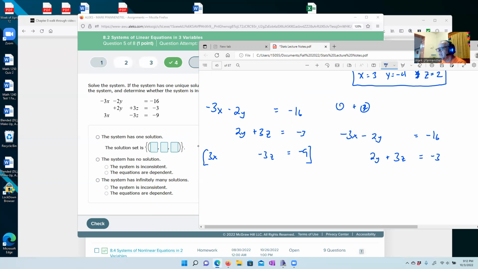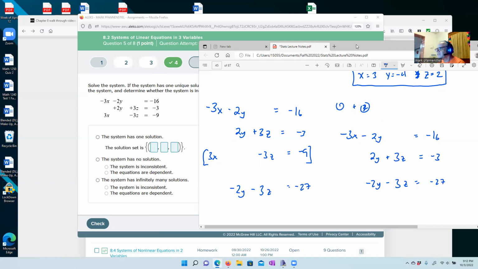Then negative 2y, there's nothing there, so that's minus 2y, and then minus 3z. And then negative 16 and negative 9, that should be negative 25... for $16 in debt, we borrow $9 more, we are now negative 25. So my new equation 3 is negative 2y minus 3z equals negative 25.